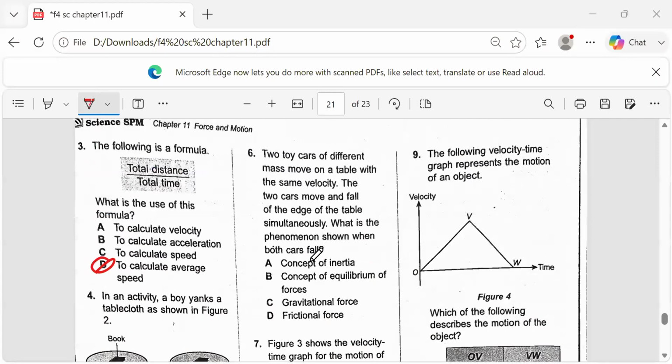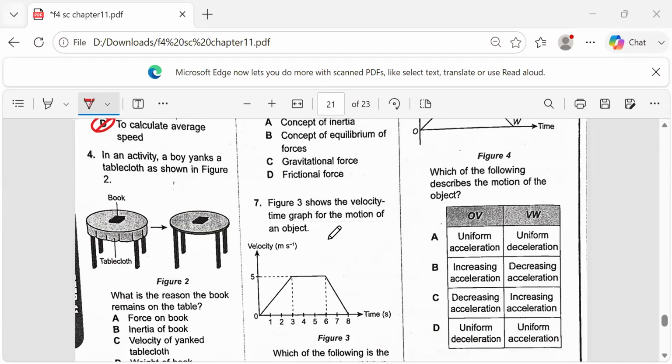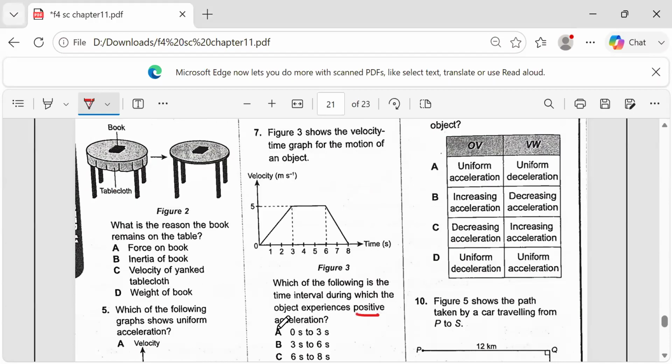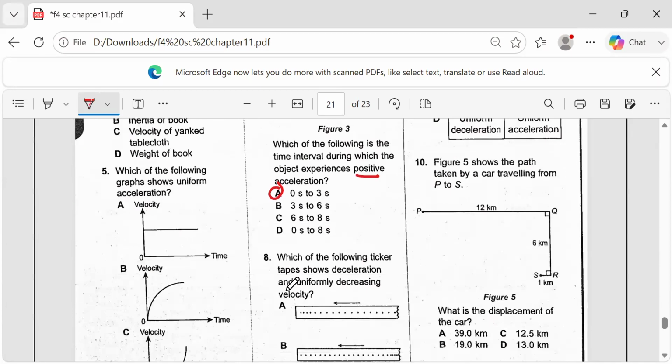Question 7, right? What's the answer? Positive acceleration means it's going up lah. So that's just A.